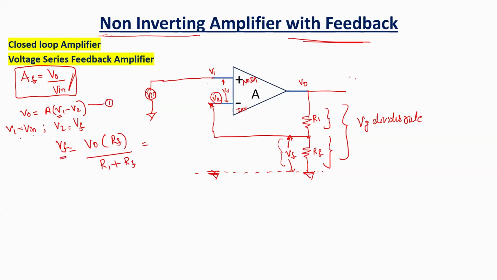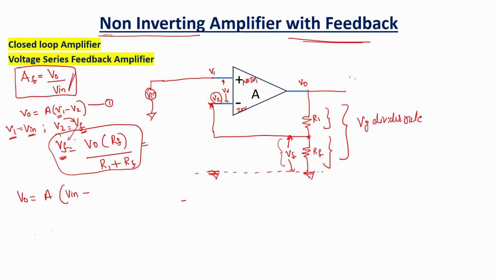Now we know what is VF, right? We know what is V1. We know what is VF. VF is equal to V naught into RF divided by R1 plus RF. We have all the values of V1 and V2, and we can substitute into equation 1. Output voltage is equal to A into V in minus what is V2?